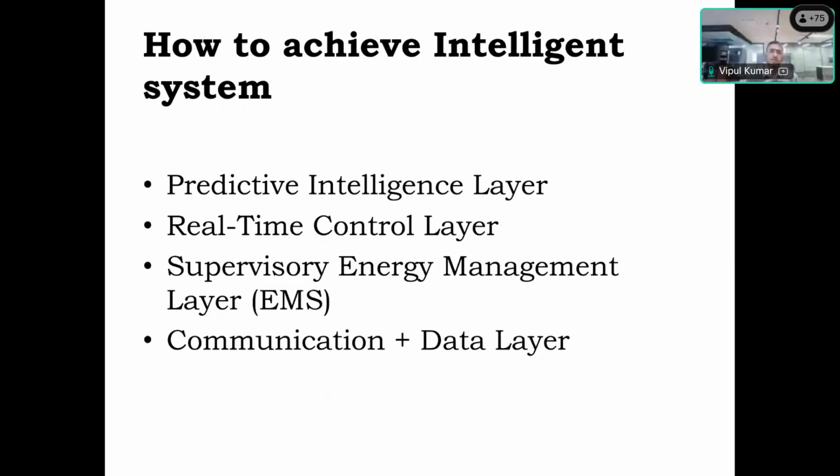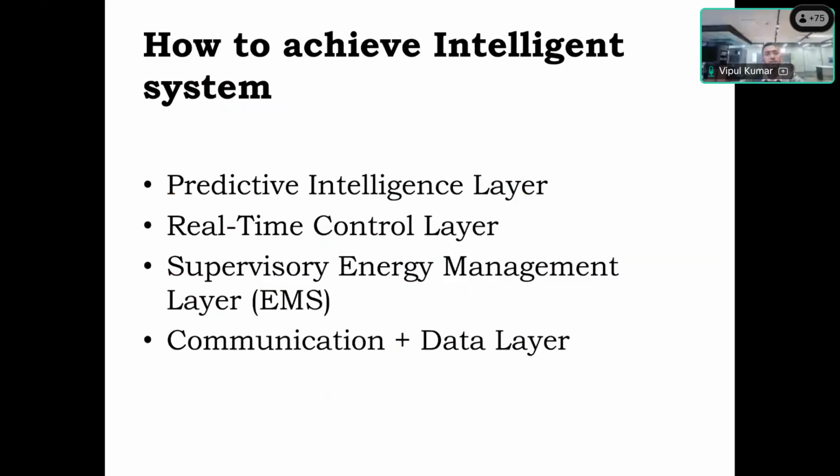First, we will have the predictive layer. That layer will predict the solar and wind data. That AI based algorithm will predict the irradiation of the solar, and according to that the program will generate the power.